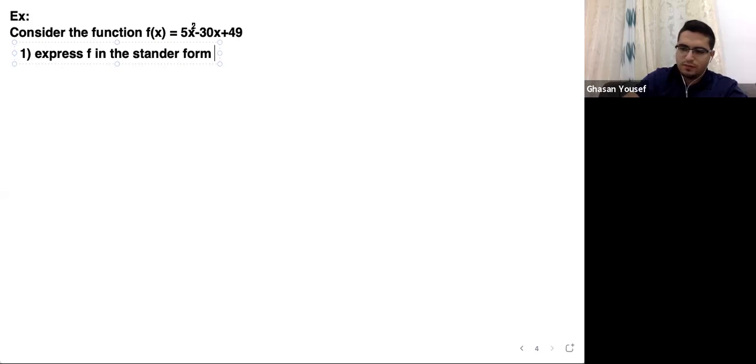Second part, find the vertex. Three, sketch a graph of the function f.